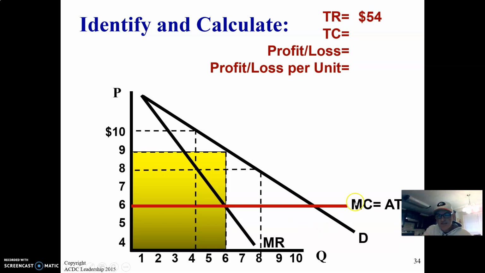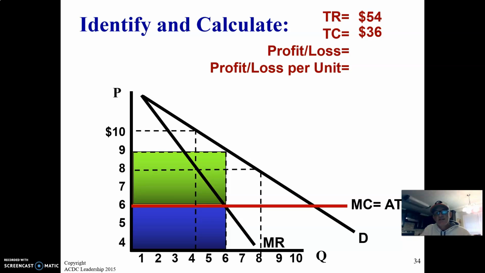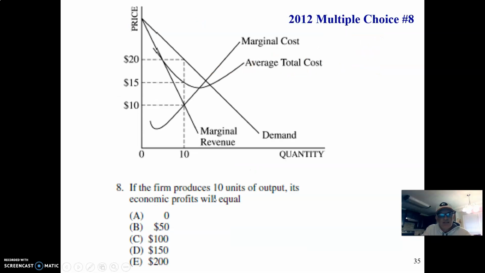If it's labeled ATC, then that's our ATC, even though you and I know an ATC curve doesn't look like that. So our total cost is going to be $36. We can do the math, or we can do the profit per unit and calculate, but that is our profit of $18, or 9 minus 6, $3 per unit. And we can see that there.